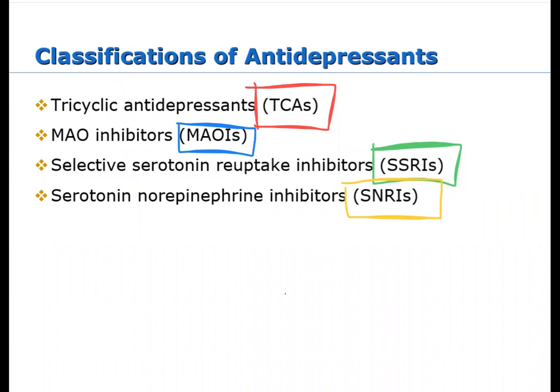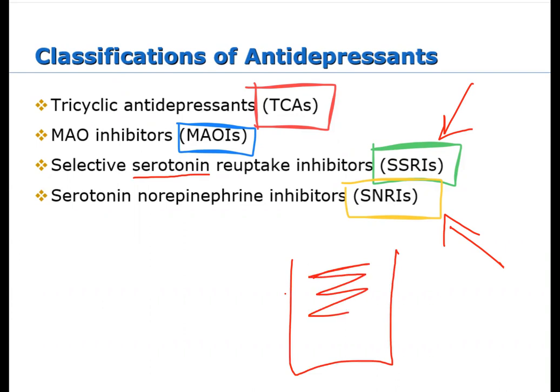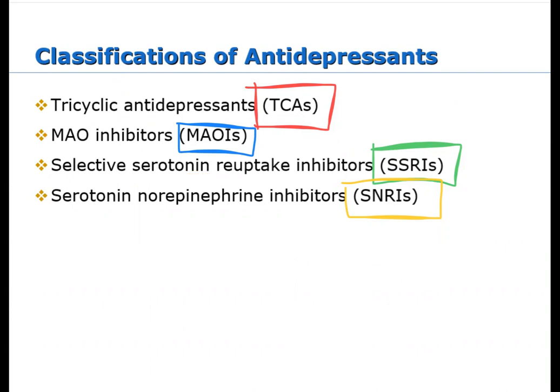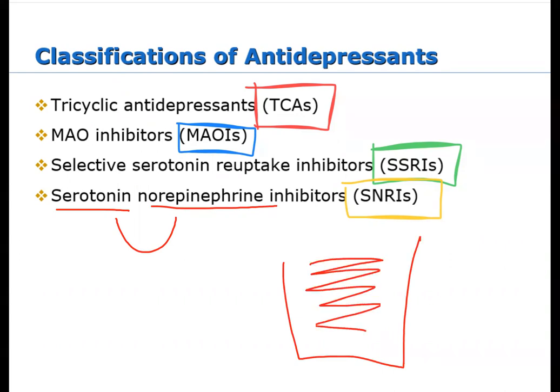Now, when it comes to SSRIs and SNRIs, it's pretty simple. One will take care of serotonin, right? And again, that bucket full of serotonin. And the other one will take care of serotonin and norepinephrine. Okay, so bucket full of the two of them in there.